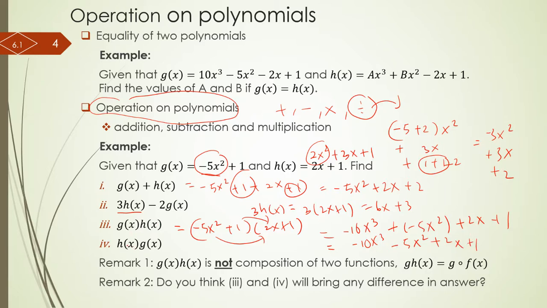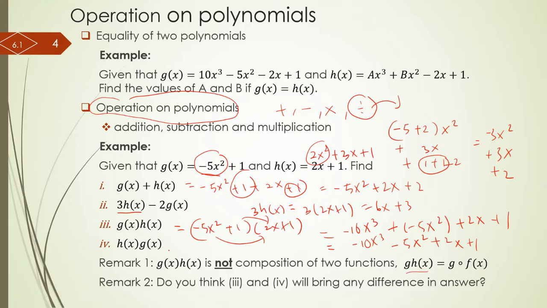If you want to do h(x) times g(x), we just swap these two and you get the same answer. The first remark is telling you that g(x) multiplied by h(x) is not a composite of two functions. In Chapter 5 you learned the composite function, which we write as g(h(x)) or g∘h(x).